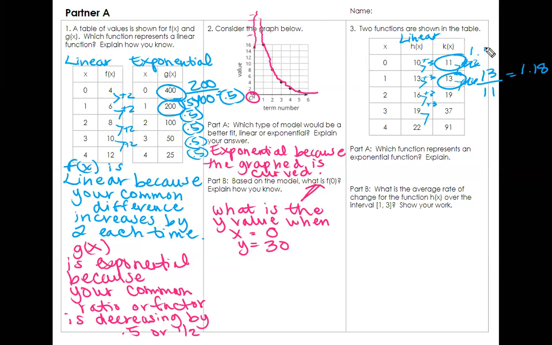Okay, so each time I'm multiplying by 1.18, does it work for everything? So somebody multiply 19 times 1.18. What is it? What'd you get? So does this work? Is this going to be exponential? It doesn't work. Because if I multiply, try 37 times 1.18.